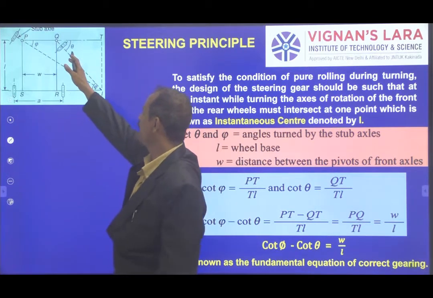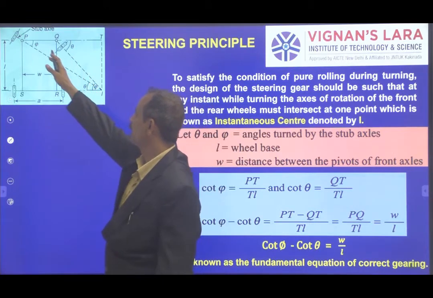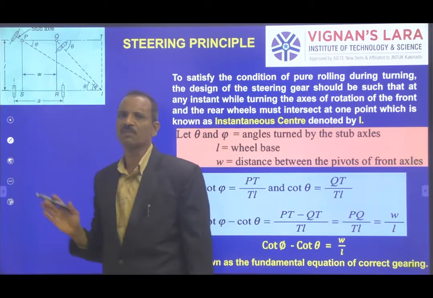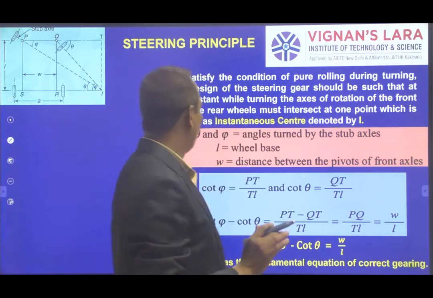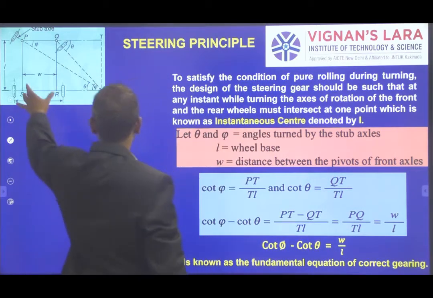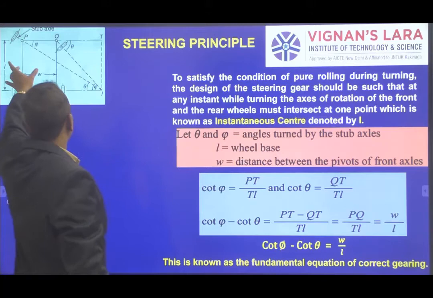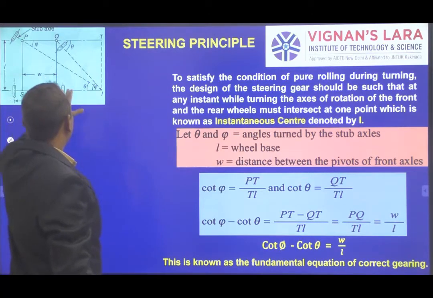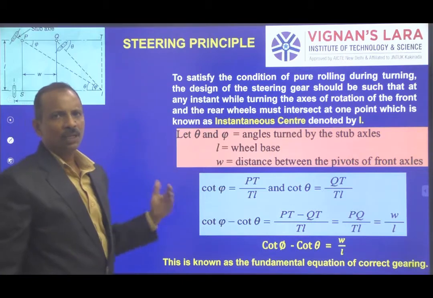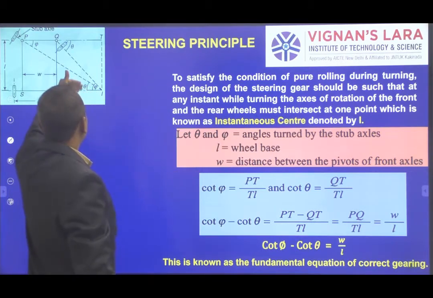The angle made by the inner front wheel is theta and by the outer front wheel is phi, and theta is greater than phi. W is the distance between the two pivots of the front wheels, and L is the distance between the front axle and rear axle.